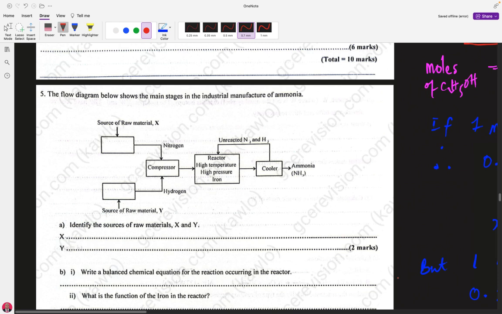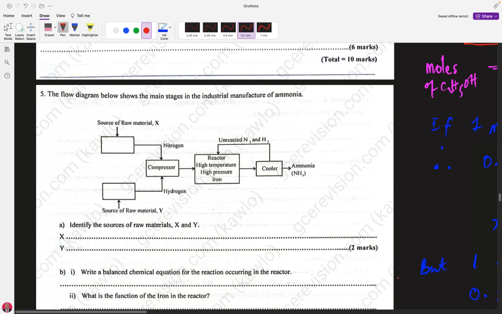There are reactors, the temperature and the pressure at which that reaction is taking place, and the role of iron in it. Iron is a finely divided catalyst that is being used in this reaction. Now it goes to the cooler, and before it is finally released for collection, if it is not collected, it is recycled back again.